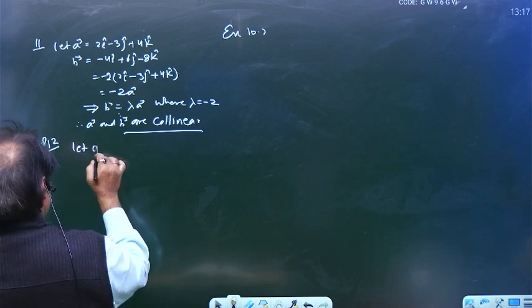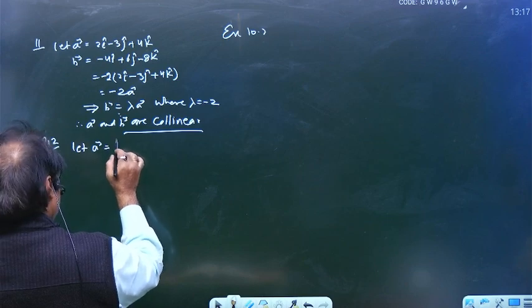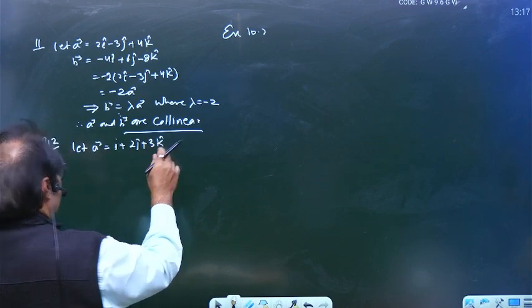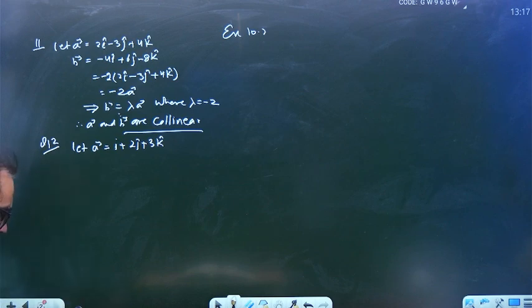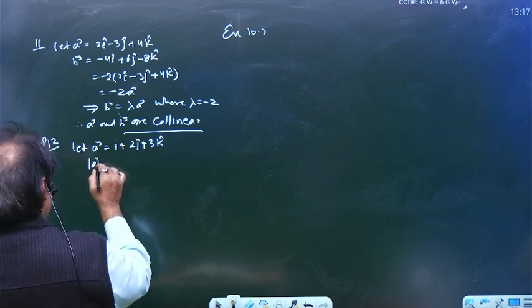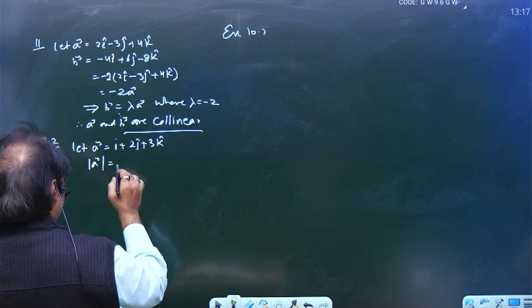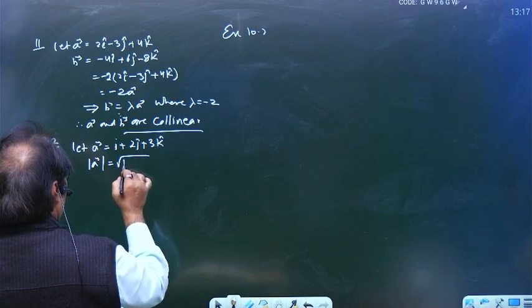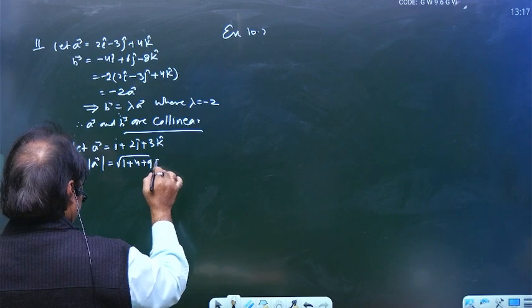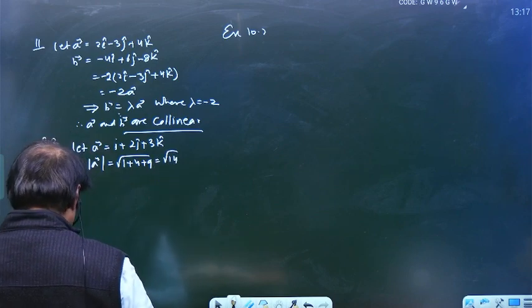Let the given vector A be i cap plus 2j cap plus 3k cap. In this vector we have to find the direction cosines. First of all, we will find the magnitude of this vector. The magnitude is the square root of 1 plus 4 plus 9, which is root 14.